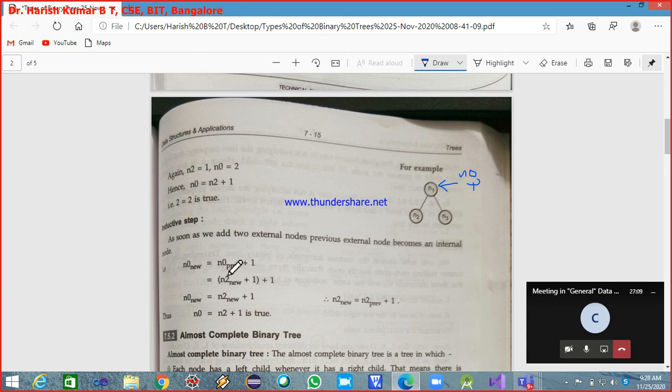So N2 is nothing but the number of internal nodes, and the number of internal nodes plus 1. And this plus 1 is as it is. Now N0 new is equal to N2 new plus 1, because this N2 new is equal to N2 previous plus 1. And this shows, for any depth of complete binary tree, this statement holds good.